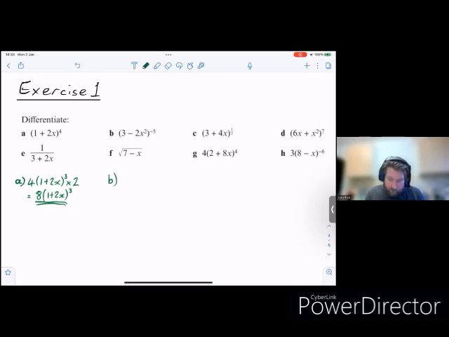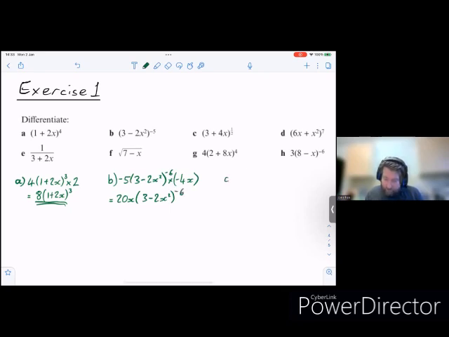So b will be -5, 3 minus 2x squared to the -6 times minus 4x. And that simplifies to 20x, 3 minus 2x squared to the -6.